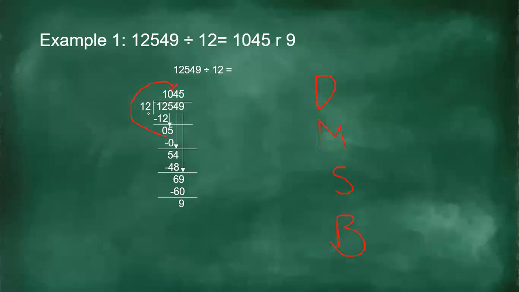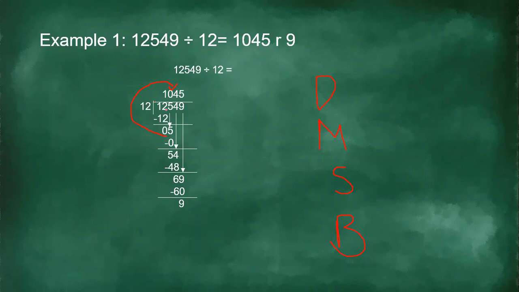Ideally, 12 does not divide anything that's below a 2-digit or a 3-digit number that is not more than it. Then you say 12 into 12 goes once.